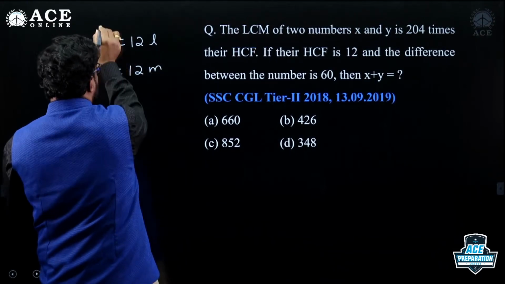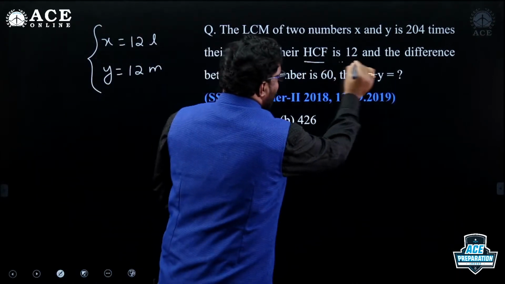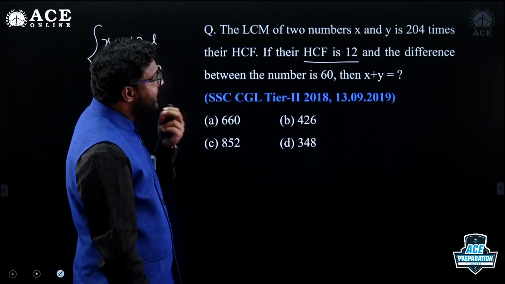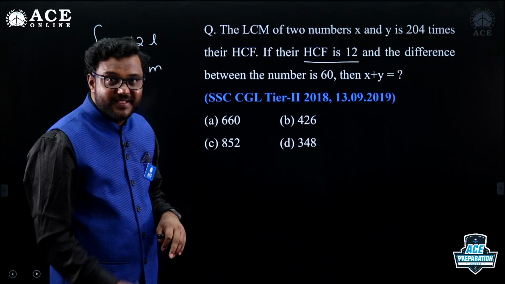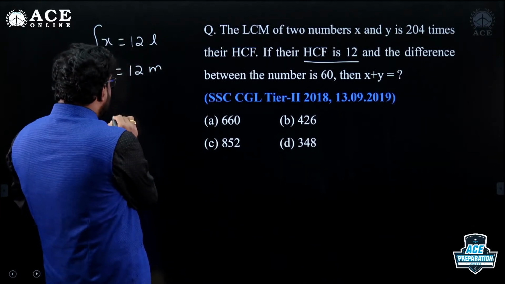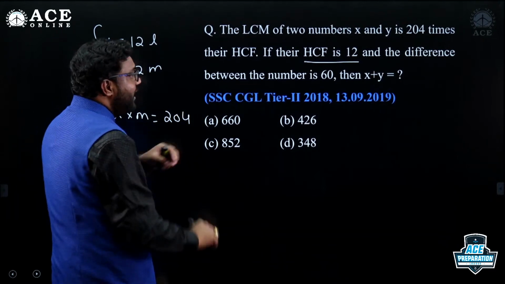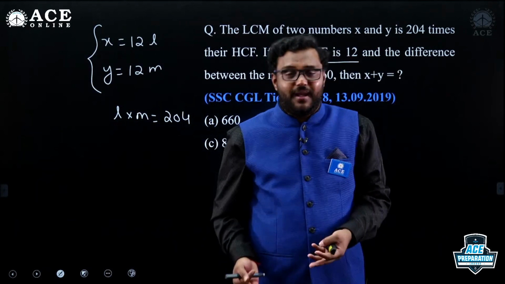Two numbers x and y. As I mentioned, HCF is 12. And LCM of the two numbers x and y is 204 times the HCF, which means indirectly l into m is nothing but 204. L into m is 204. That's what you should learn by this time.